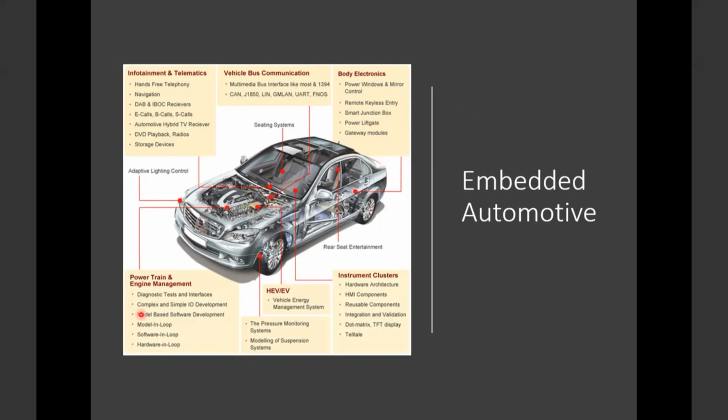Okay, so then this one is for the engine management. We have an embedded system inside the engine management, such as a diagnostic test and interface. If an error comes up and is detected inside your engine, the error will appear on your dashboard, on the panel at the driver's side. It indicates that an error has occurred, so you need to go to your nearest service center and check what the error is.